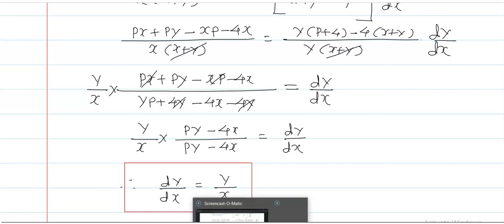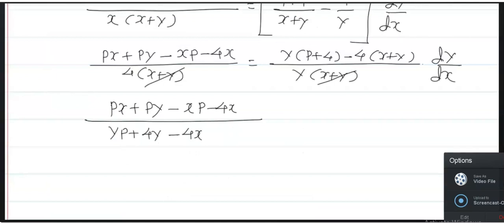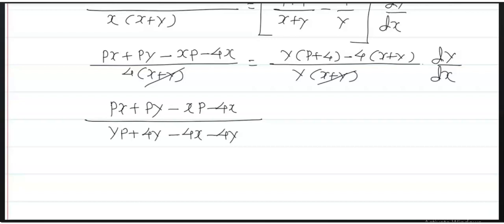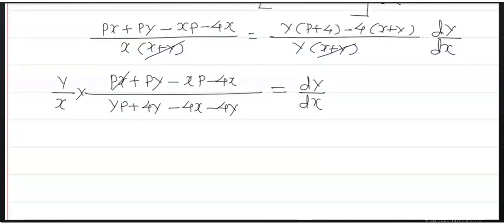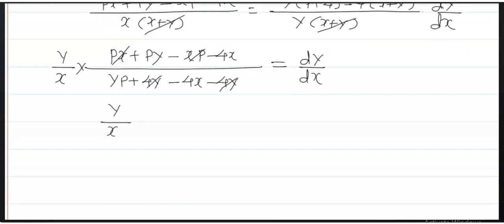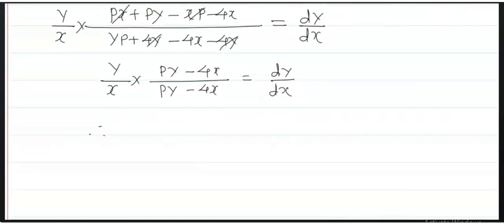The same is explained here. Now the terms get cancelled. y upon x into (px minus 4x) upon (py minus 4x) is equal to dy by dx. Therefore, dy by dx is equal to y upon x.